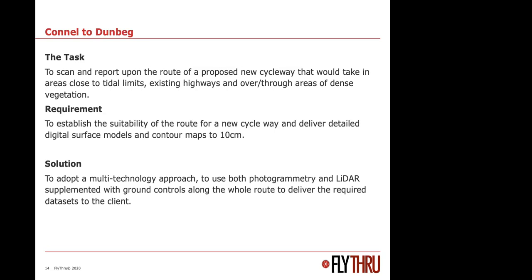So if you think about those of you who aren't au fait with surface and terrain, we were asked to look at the actual surface of the land rather than give an image that a photograph might take. So we were asked to strip away the vegetation in a model to give to the client, and then to improve upon the contours that they had from existing maps, and we go down to 10 centimeters. We were actually able to create a 1 centimeter contour map from the information that we collated.